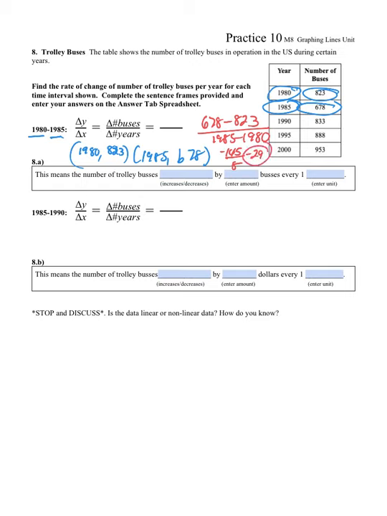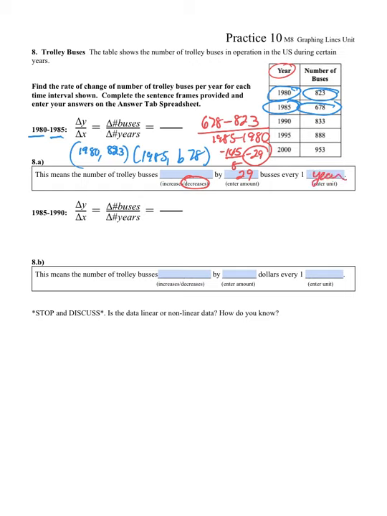So then we want to fill in these blue boxes. This means the number of trolley buses decreases by 29 buses every year. So that's the labels here.